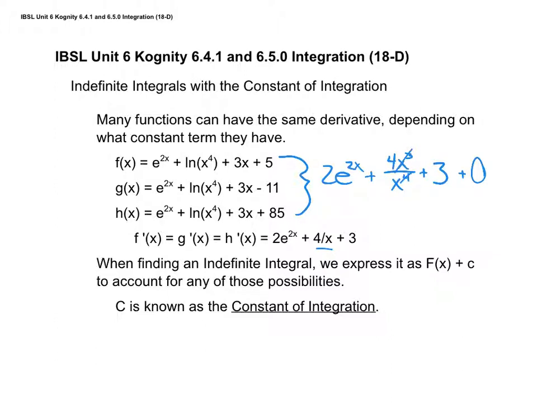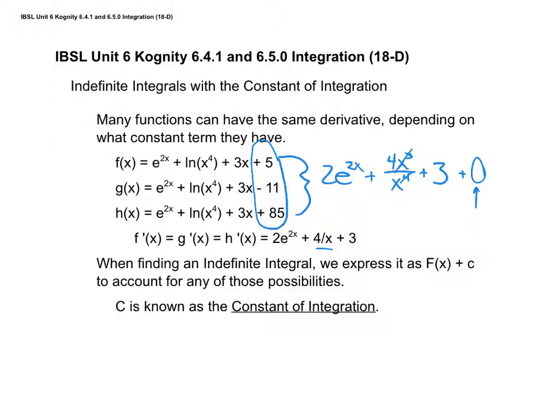If we were to take the indefinite integral, or antiderivative, we would express it as capital F of x plus c. Why do you have the 0? I was just showing that for all three of those, the constant portion becomes a 0.